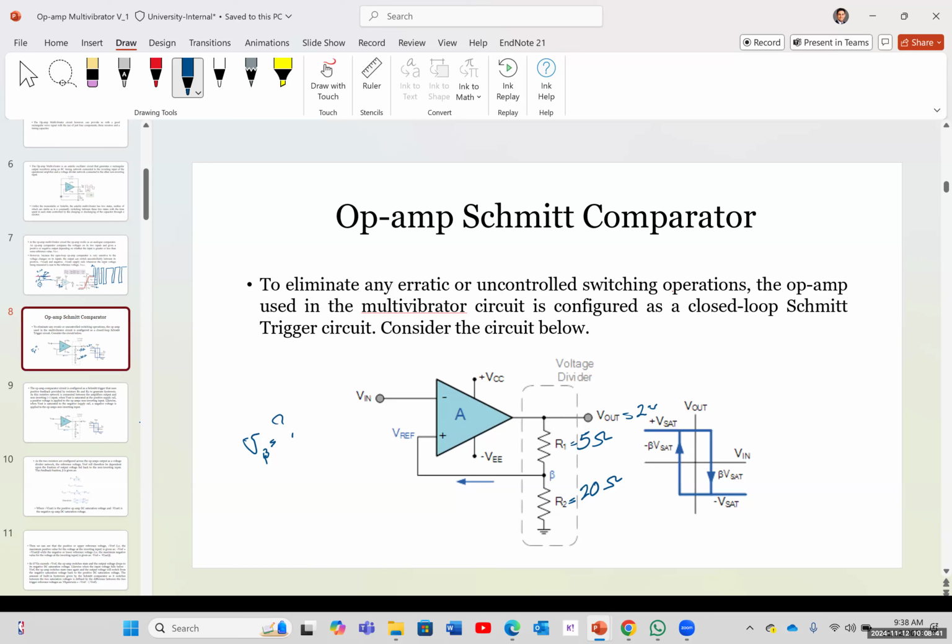And one thing that you have to keep in mind: the input current for an ideal op-amp is 0. So essentially you have this connected to this. This is 5, this is 20, this is ground, and this is 2 volts. We want to find this voltage.